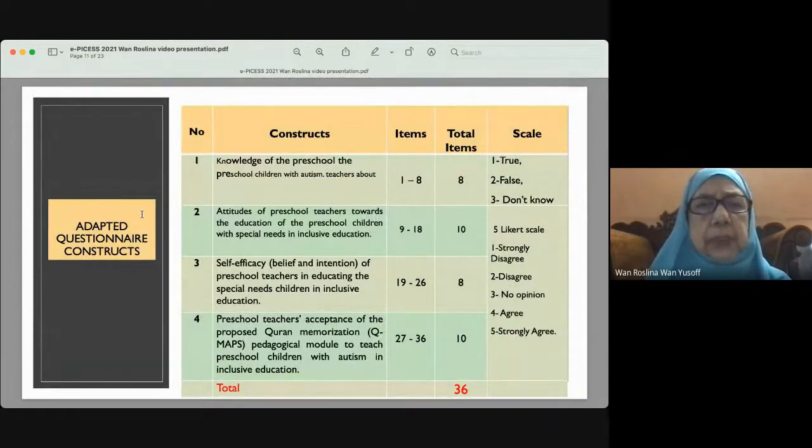The adapted questionnaire consists of 4 constructs, with scales for the first construct, knowledge, of true, false, and don't know. The don't know option is given so that teachers don't have to guess the questions. If they do not know, they just answer don't know. The other 3 constructs are based on the 5-point Likert scale.